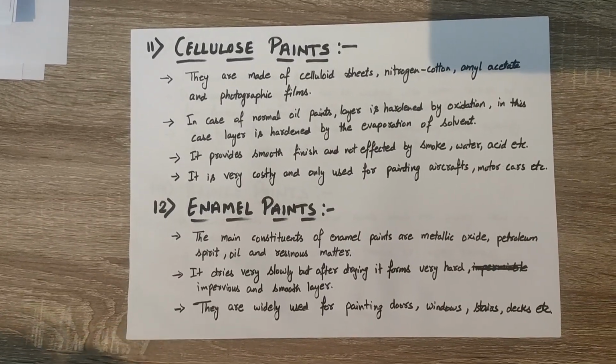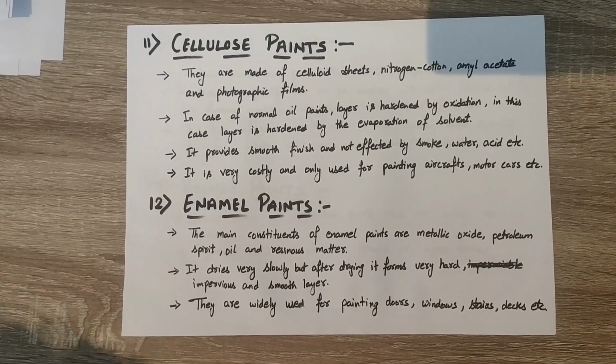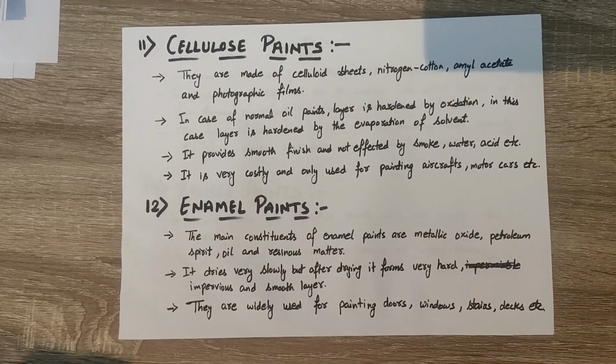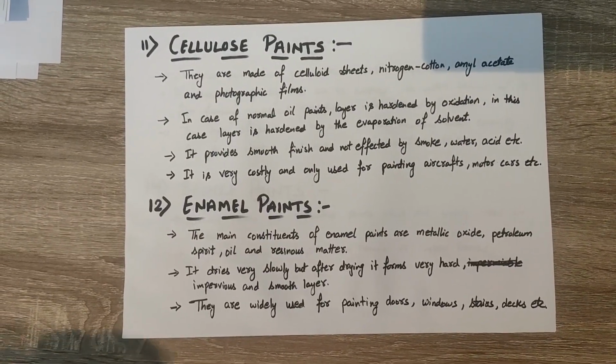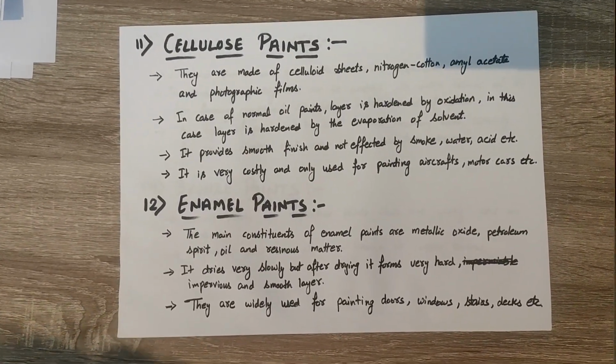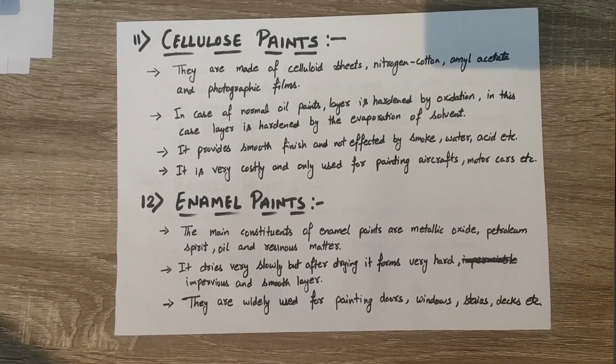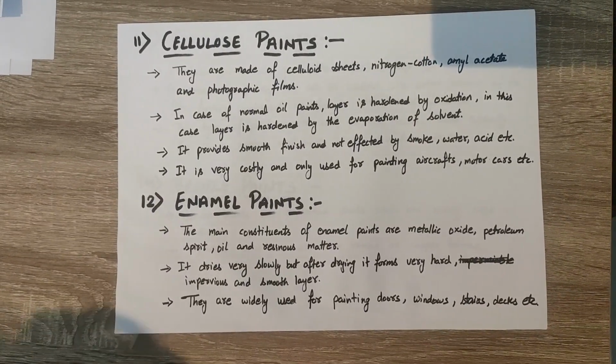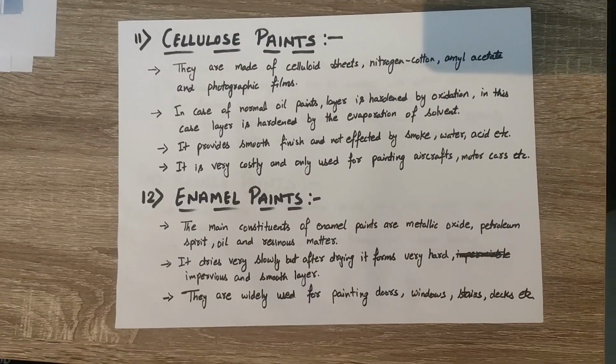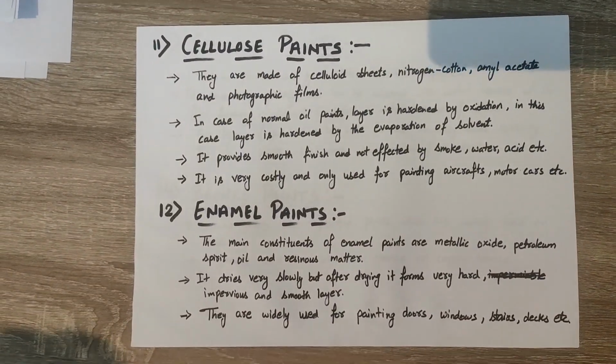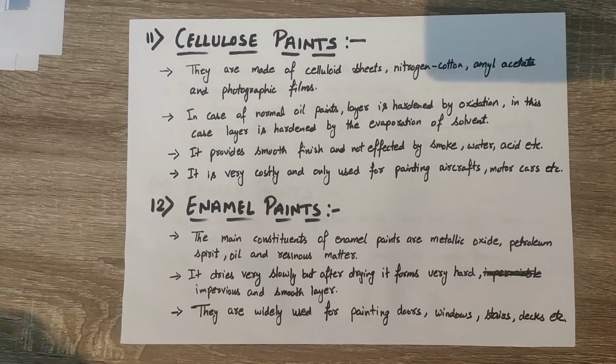It provides a smooth finish and is not affected by smoke, water, acid, etc. It is very costly and only used for painting aircraft, motor cars, etc. So the paint on your motor cars is cellulose paint, and that's why painting your vehicles is so expensive, because the cost of this paint is very high.